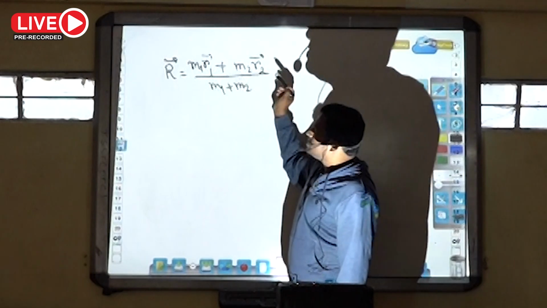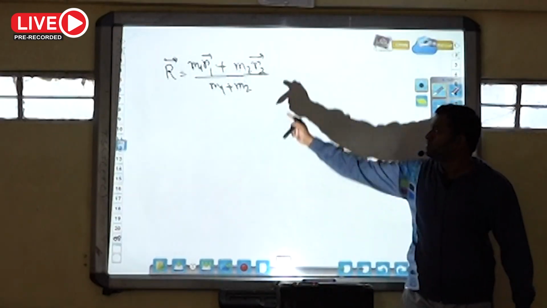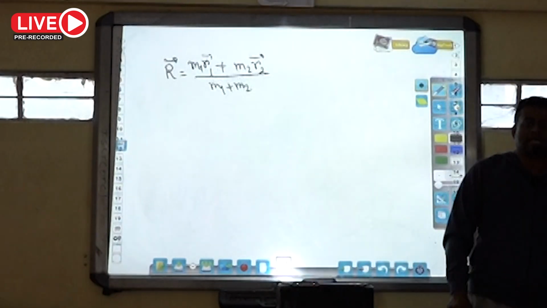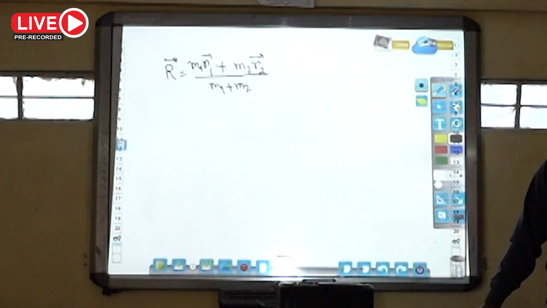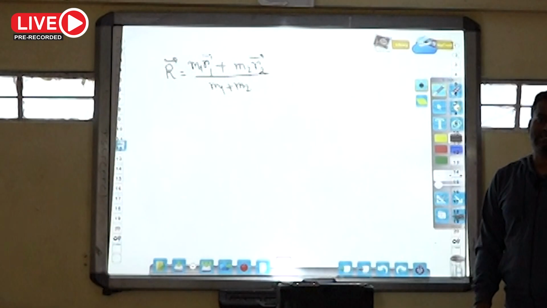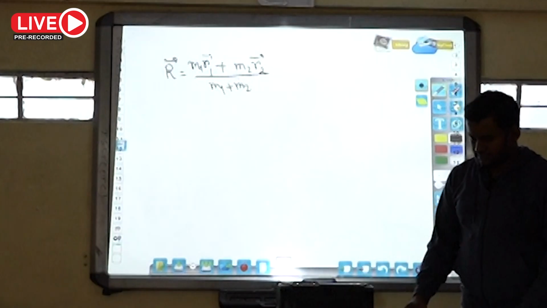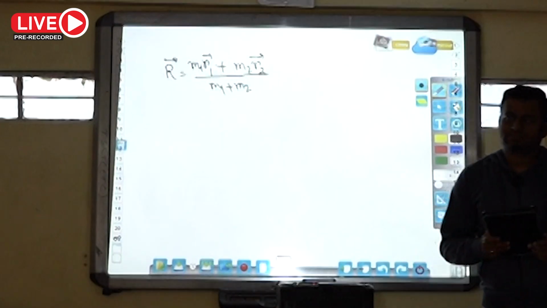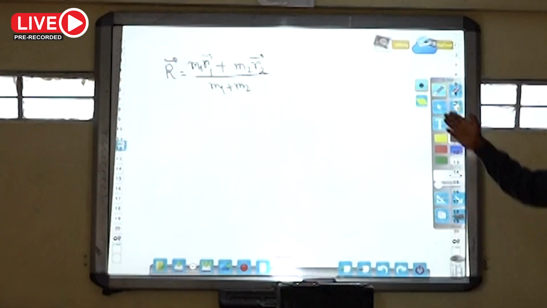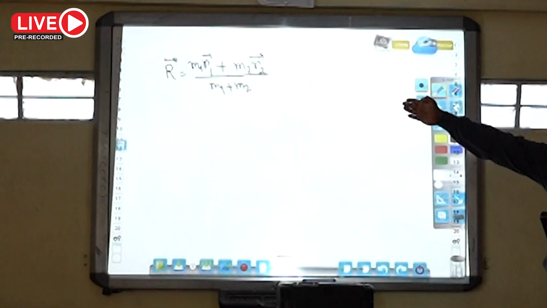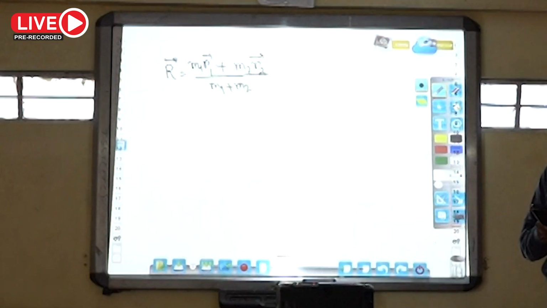So use simply this formula. This is a very simple problem. Just put the masses and the position vectors to calculate the final position vector of the center of mass. Option B will be the correct answer. Just put the values of R1, R2, M1, M2 and you will get your answer.